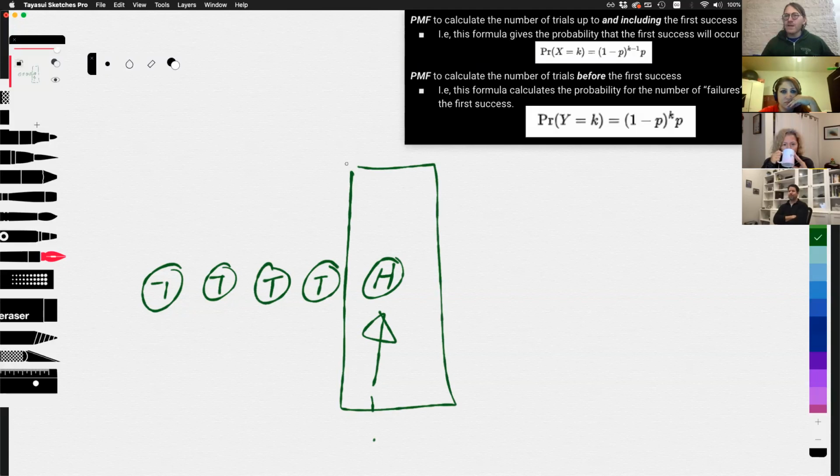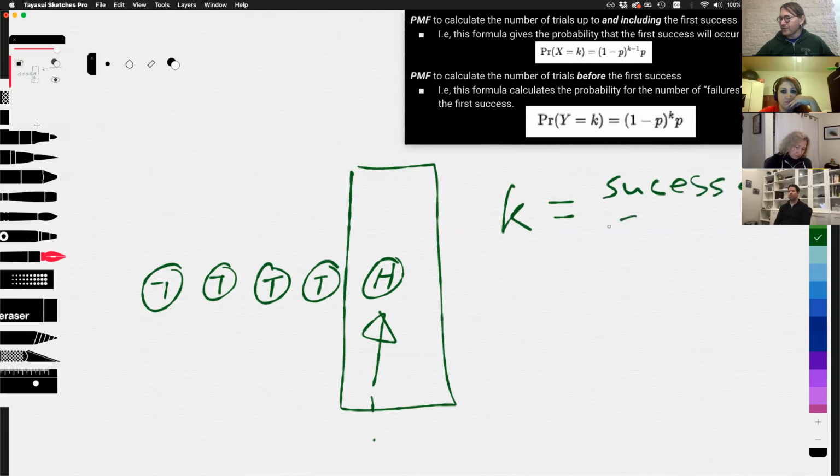And how we describe the first success in terms of the PMF, in terms of getting the probability of getting success on the 5th trial, we either say K is success on the 5th trial, right? So there's two ways to think about this.